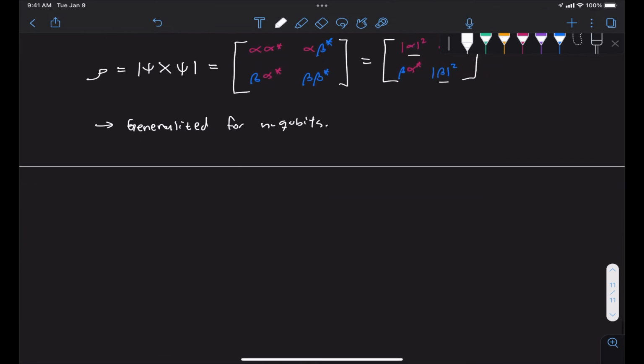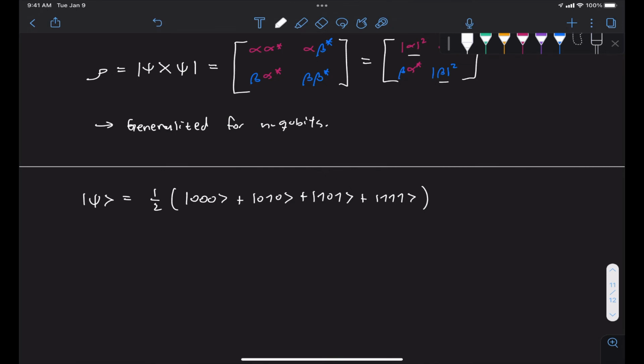Now let's go back to our problem at hand. So we had state psi equal to 1/2 of 0, 0, 0 plus 0, 1, 0 plus 1, 0, 0 plus 1, 1, 1.